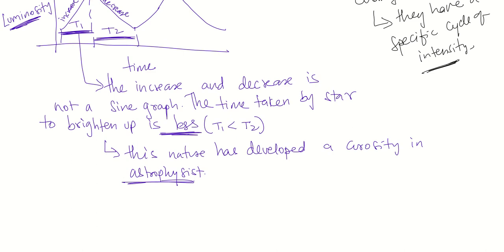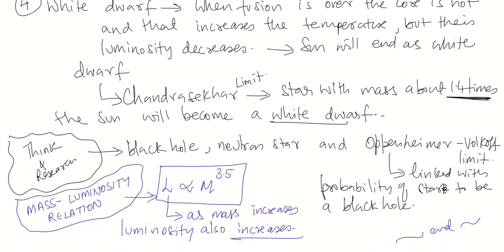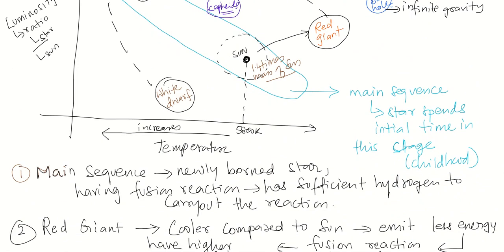So technically, if you see, then you will understand that the white dwarf explodes, becomes a supernova, which is again the dust and gas particles, and from there again a nebula is formed, and that's a new star again.